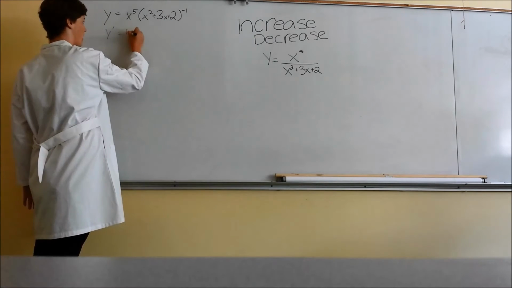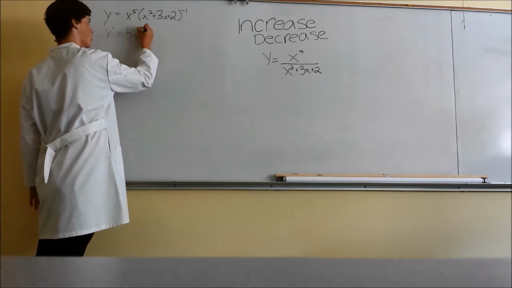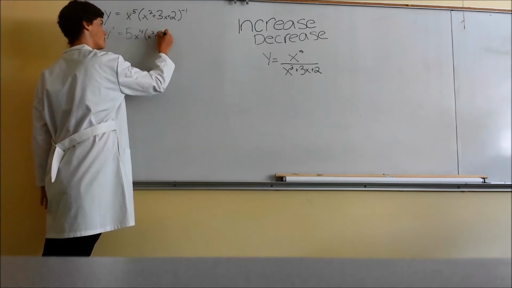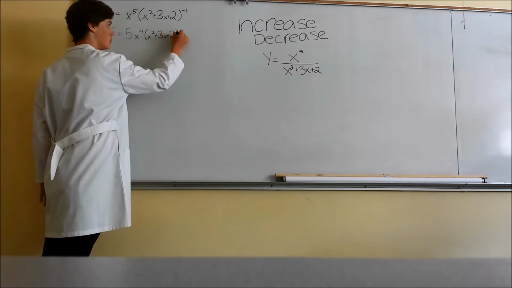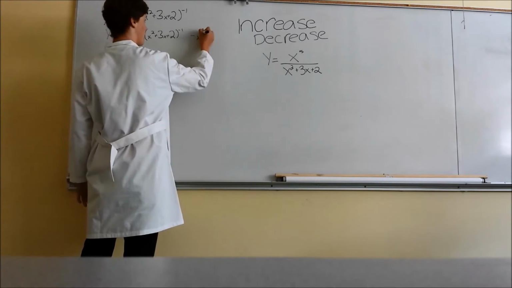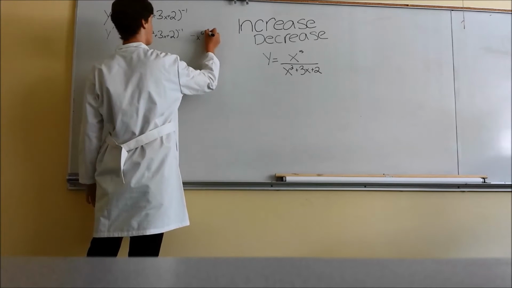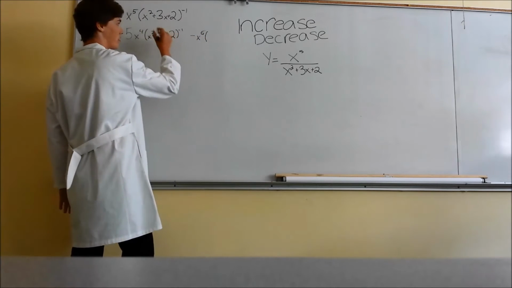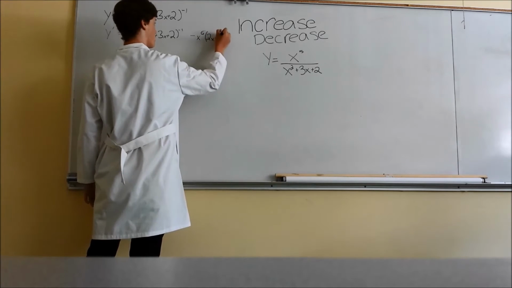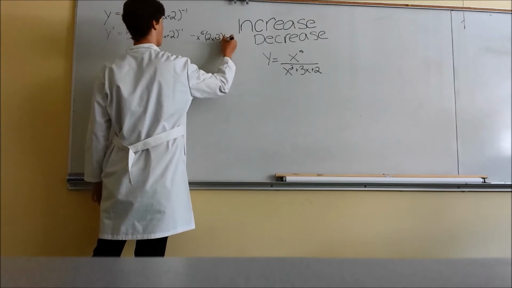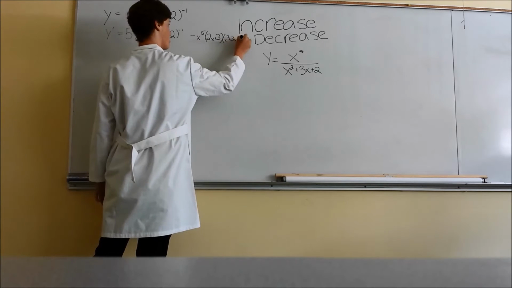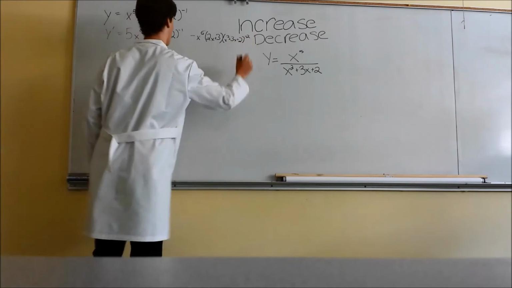Next we expand our bracket. 5x to the 4 times x squared plus 3x plus 2 to the negative 1 minus x to the 5 times 2x plus 3 times x squared plus 3x plus 2 to the negative 2.